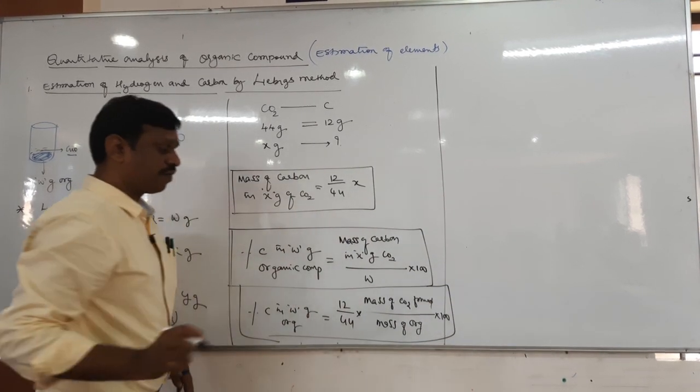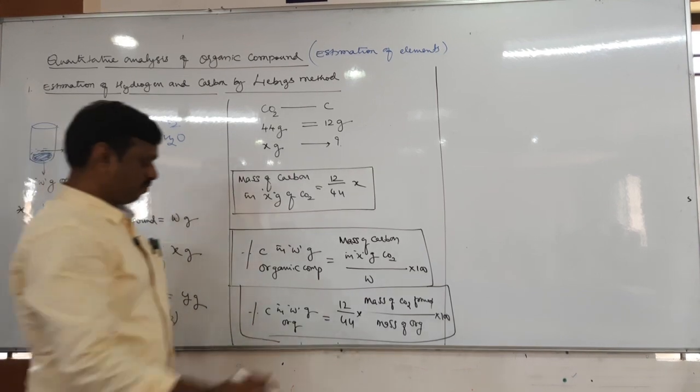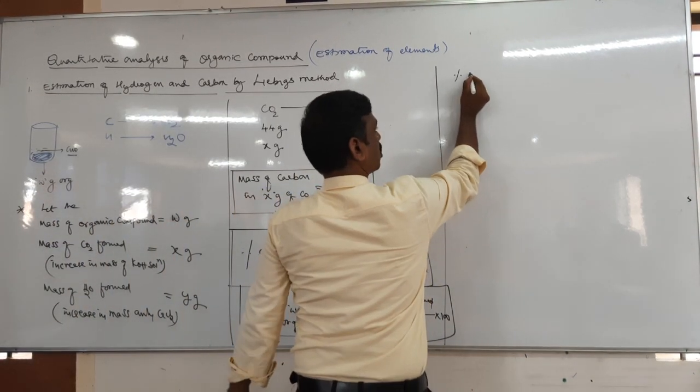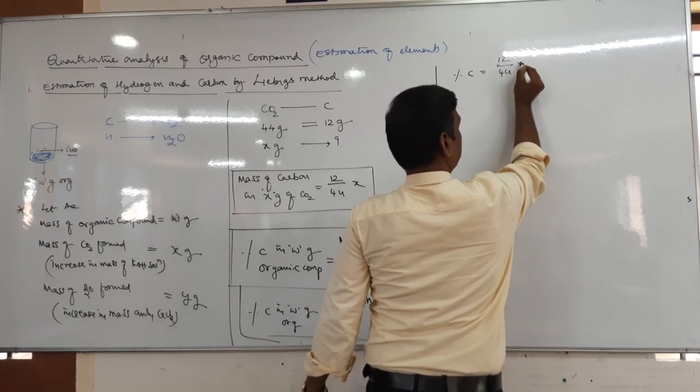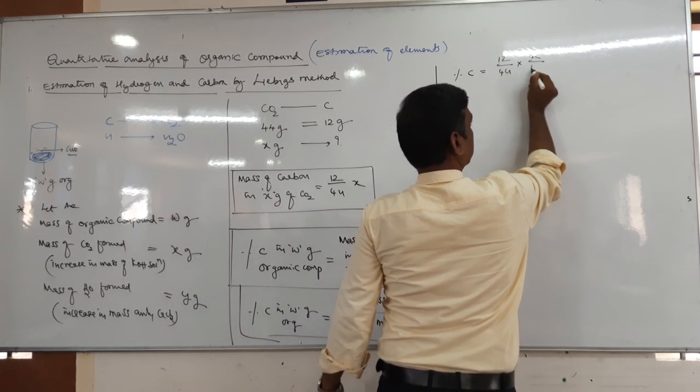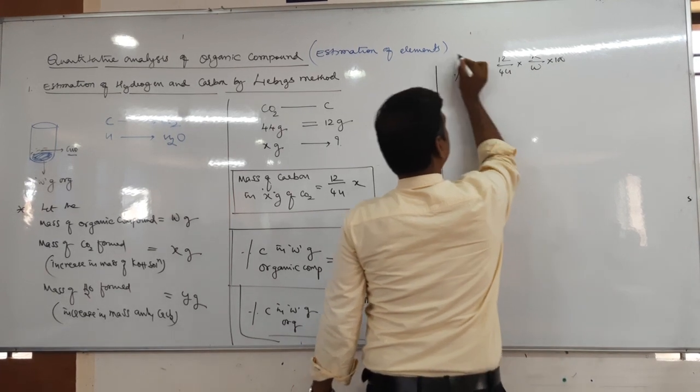So this is the formula: percentage of carbon equals 12 by 44 into x by W into 100.